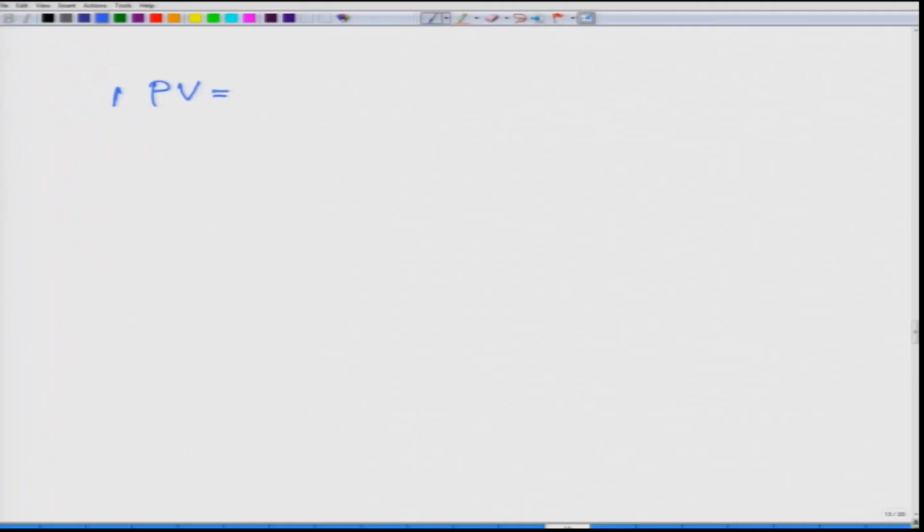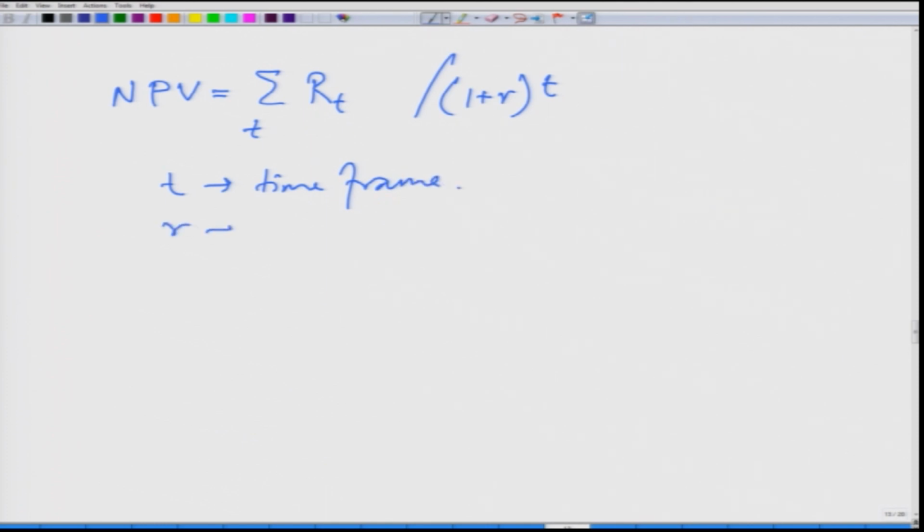And when we write down the present value formula, how do we write it? We write in terms of PV or net present value equals summation of RT divided by 1 plus R to the power T. T is the time frame, R is the discount rate, and RT can be the net cash flow or the net benefit here.